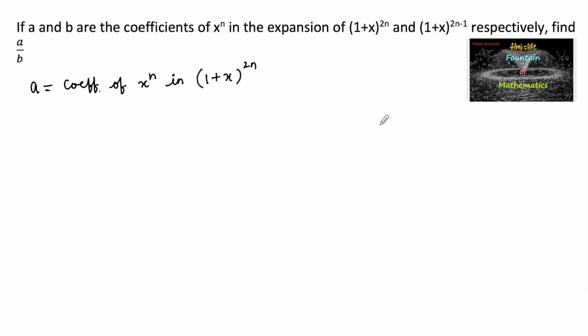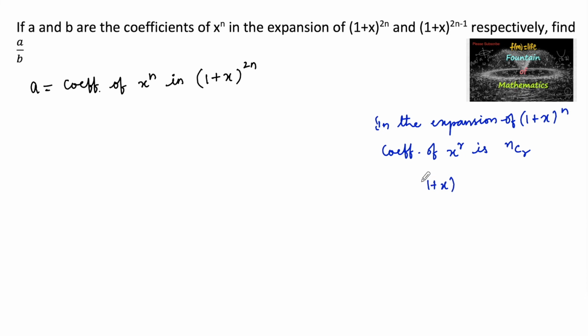We know that in the expansion of (1 + x)^n, the coefficient of x^r is nCr, since (1 + x)^n is nothing but the summation over r equal to 0 to n of nCr x^r.